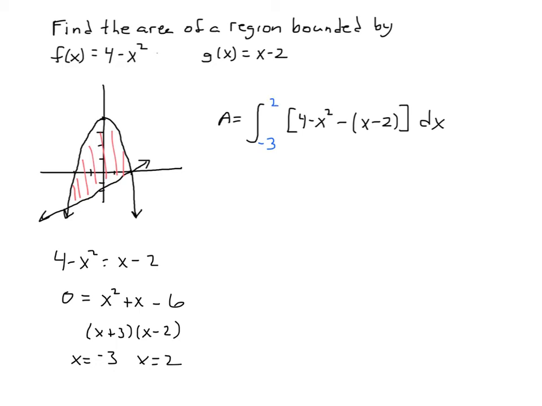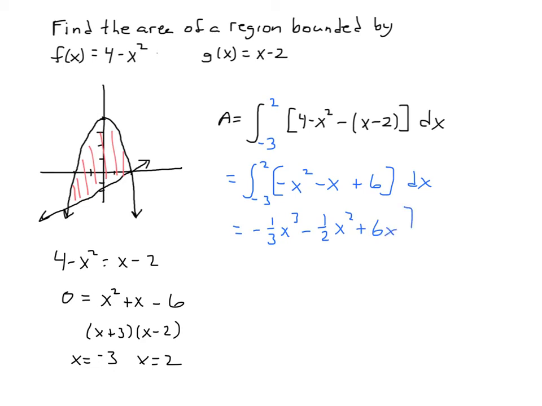Now at this point, I'm going to simplify that expression, negative 3 to 2, 4 minus x squared minus (x minus 2), which will come out to be negative x squared minus x plus 6, and that's going to be dx. And so when I take the antiderivative, I'm going to get negative 1/3 x cubed minus 1/2 x squared plus 6x. And again, we're going from negative 3 to 2.